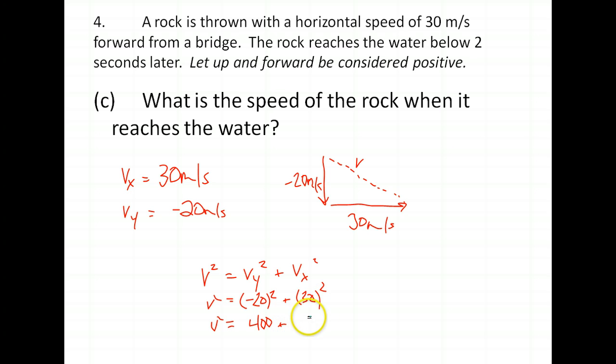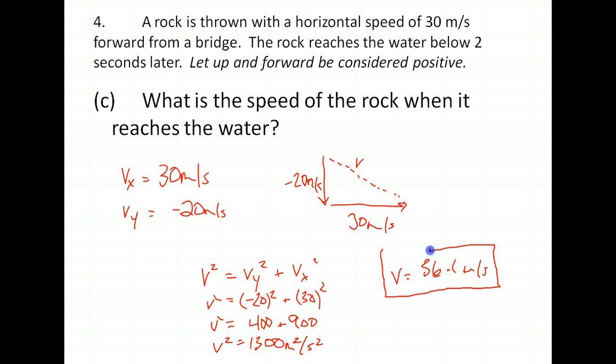And positive 30 squared ends up being 900. So v squared is 400 plus 900. That is 1300, and it ends up being meters squared over seconds squared. And so once we take the square root of 1300, our velocity is 36.1 meters per second. And that is how fast that rock is going when it hits the water.